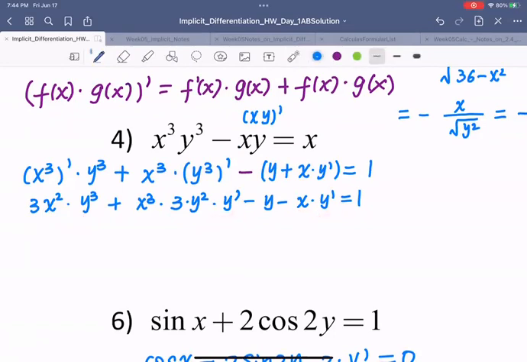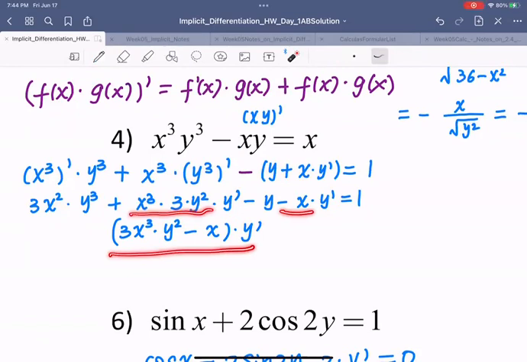So you have 3x cubed times y squared minus x. Did you see here? Is this okay? Lily, is this okay? Yes or no? Yes.